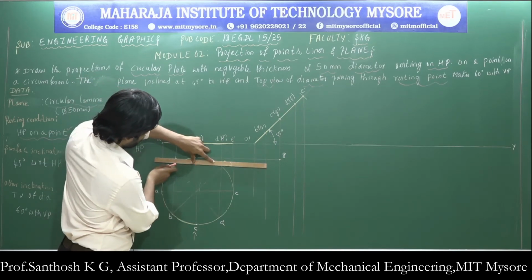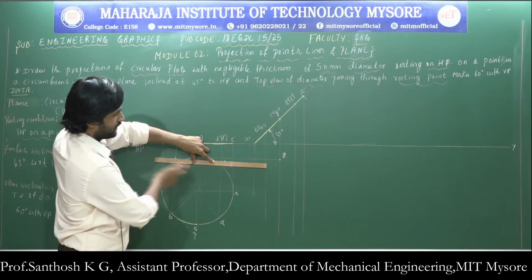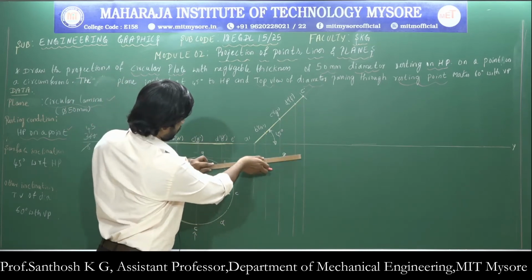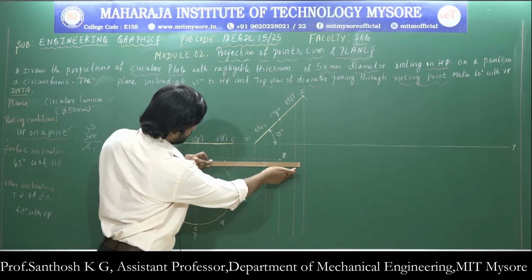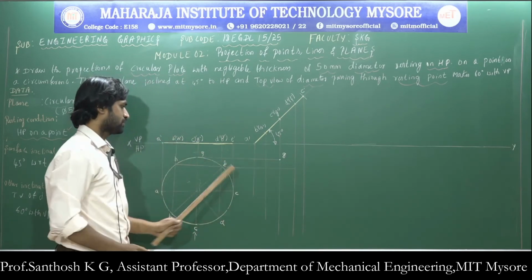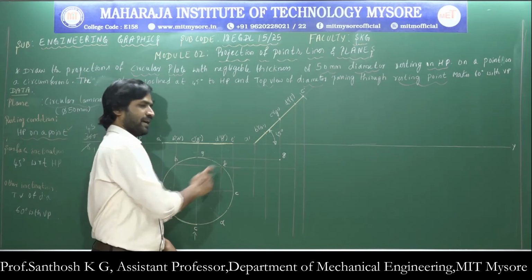It will pass through F, so I will extend this line up to here. This is the projector drawn from H and F.